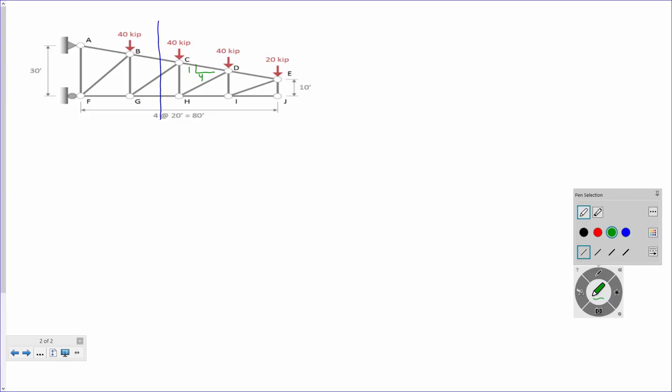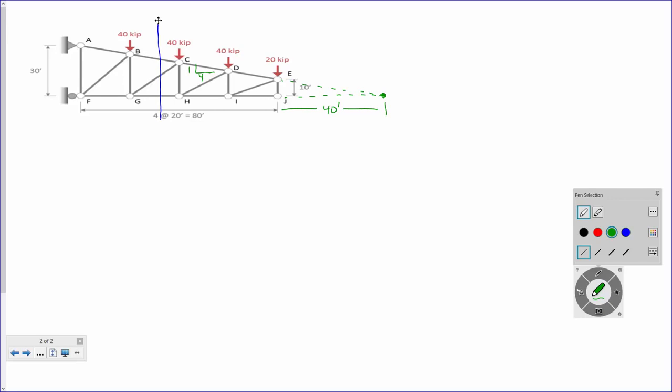So this distance here is 10 feet, right? If I draw a line out here to where these two points intersect, would you agree that distance is going to be 40 feet? Because if I drop 10 feet, I have to go out 40 feet.